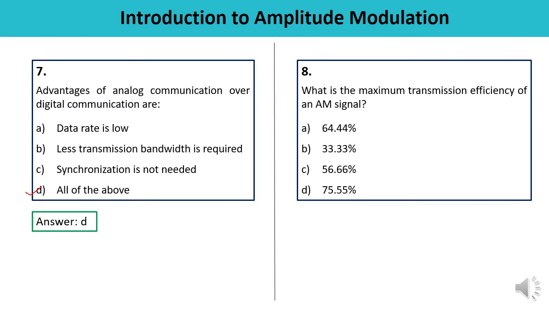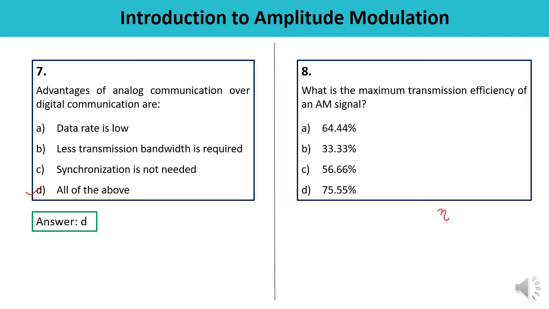Next question: what is the maximum transmission efficiency of an AM signal? Transmission efficiency is denoted by eta, and transmission efficiency of an AM wave is defined as the percentage of total power contributed by the sidebands of the AM signal.